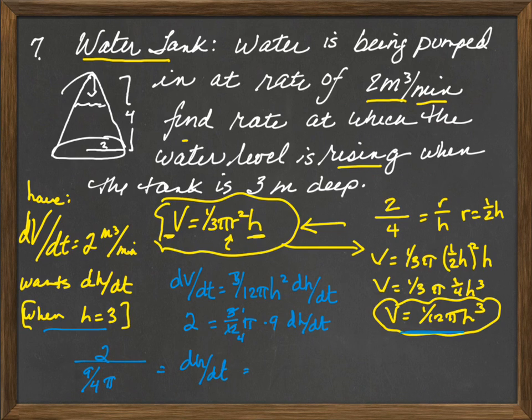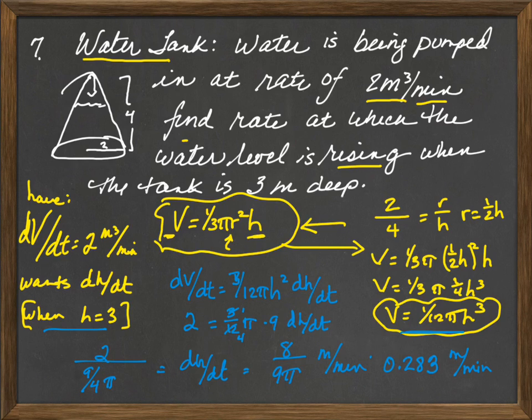And so that would be 8 over 9 pi. So this is dh/dt, so it would be meters per minute.